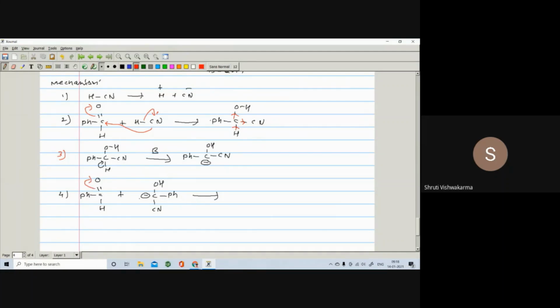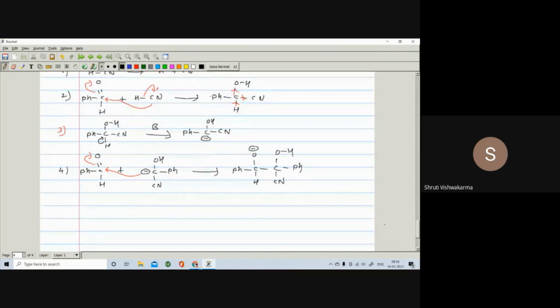So this C negative attacks this C positive, and you get PhC(O negative)(H) attached to C(OH)(CN)Ph.